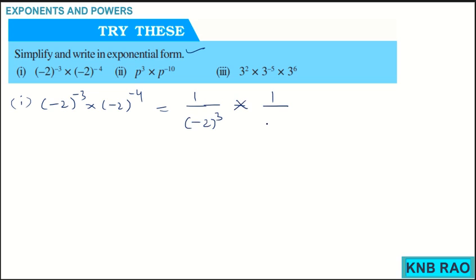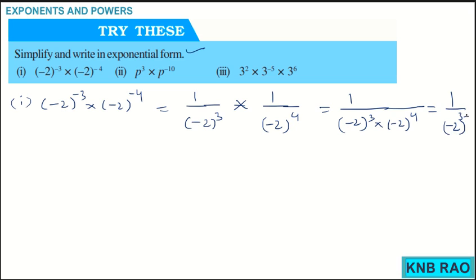Minus 2 whole power minus 4 becomes 1 by minus 2 whole power 4, and 1 upon minus 2 whole cube into 1 upon minus 2 whole power 4 becomes 1 upon minus 2 whole power 3 plus 4. So 3 plus 4 gives us 1 by minus 2 whole power 7, which is nothing but minus 2 whole power negative 7. So this is what we could do.